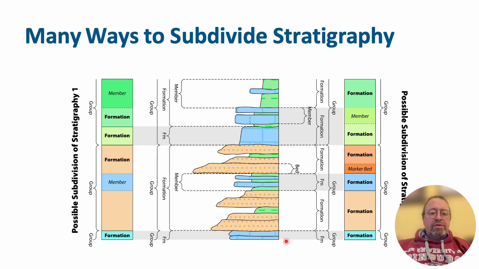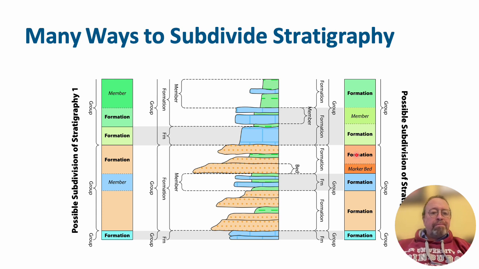On the other hand, on the right, this is a different but equally valid way of breaking up the stratigraphy, where essentially they have the limestone formation at the bottom there, but you see the member, the limestone shale unit that was considered a member over here is defined as its own special formation over here, and the coarser grained sandstone here is defined as a bed within a sandy formation there.